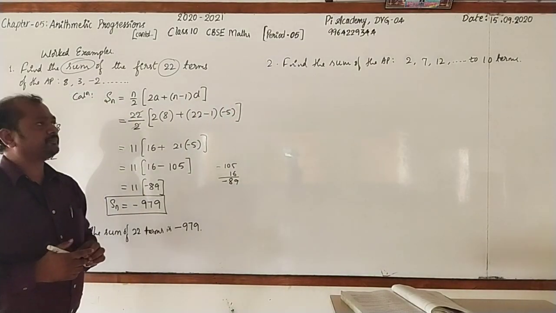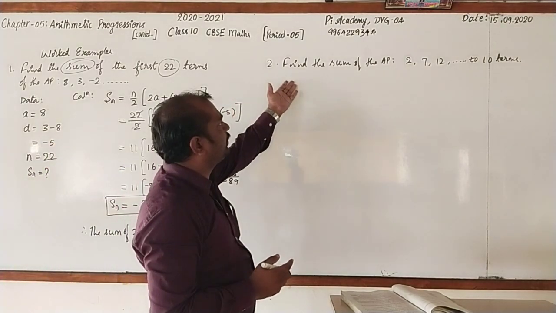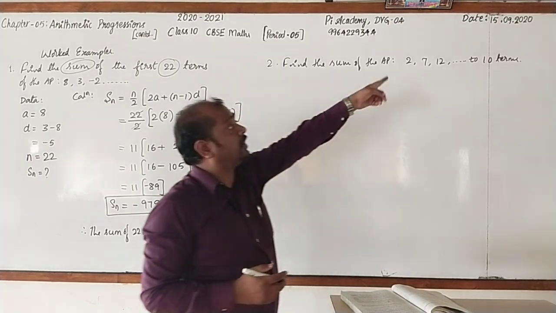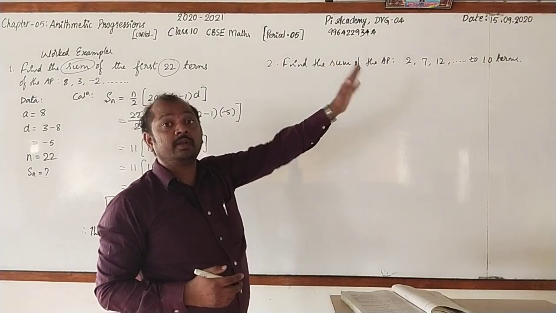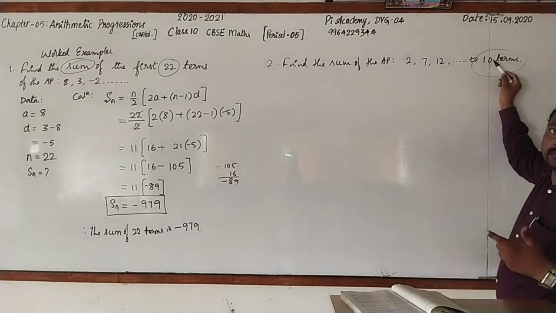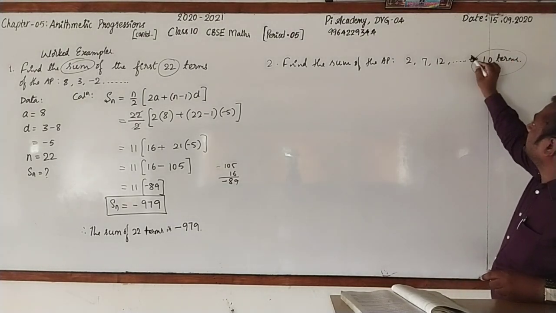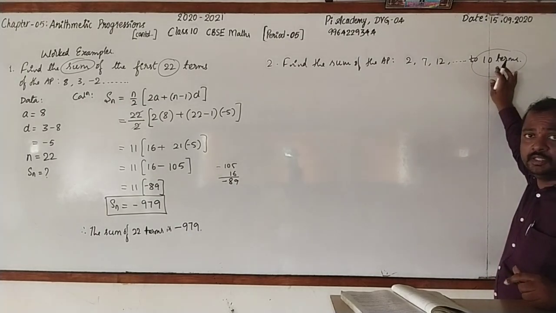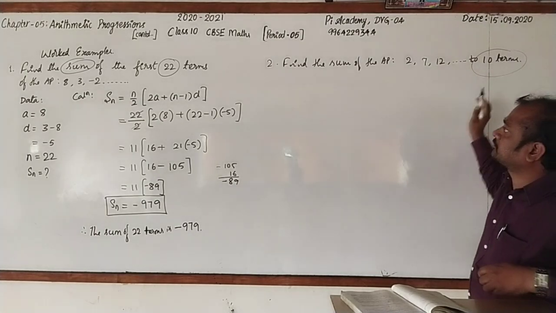Observe the second one. This is also very simple. Find the sum of the AP 2, 7, 12 and so on up to 10 terms. And don't think that it is the last term. In total, 10 terms are there. Number of terms here is 10.